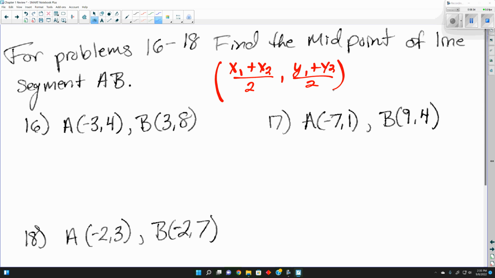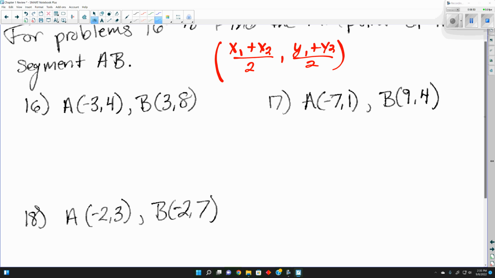And I may have written it the other way yesterday, x2 plus x1 divided by 2 and y2 plus y1 divided by 2. It doesn't really matter what the subscripts are. It's really we're adding the two x values together and dividing by 2. We're adding the two y values together and dividing by 2. So is one of these in particular that y'all want to see? Because if not, I'm just going to pick 17.